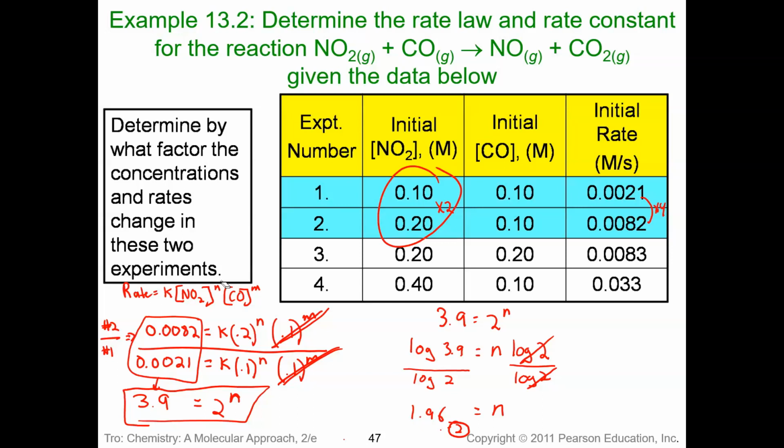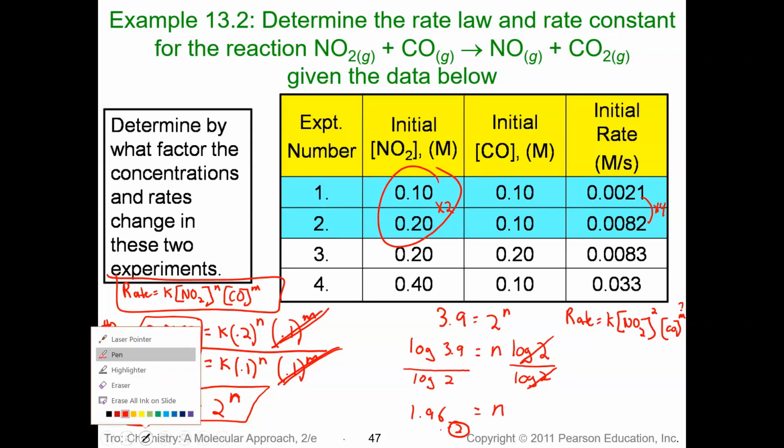Okay, so now what have we figured out? Here's our rate law. We figured out that the rate equals K times NO2 to the second, CO to the, we still don't know. We have to find CO now.